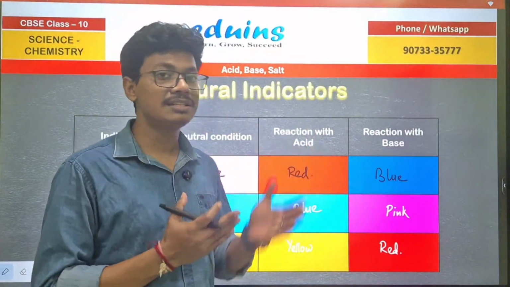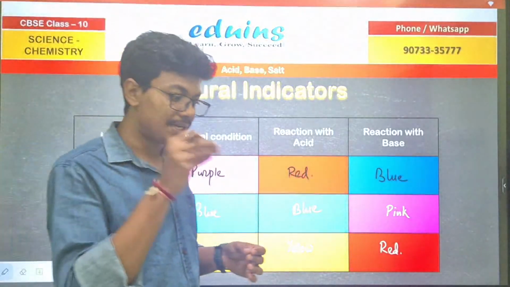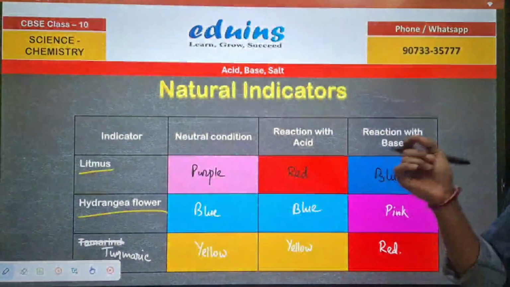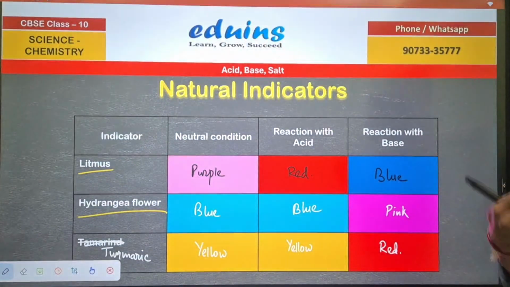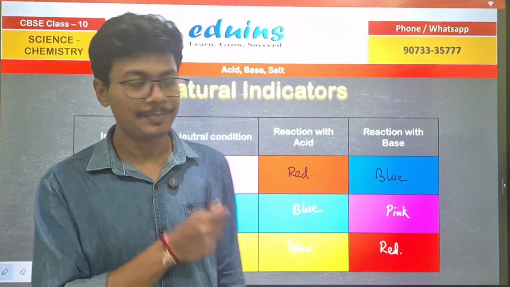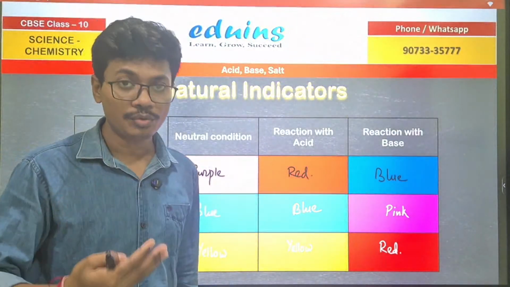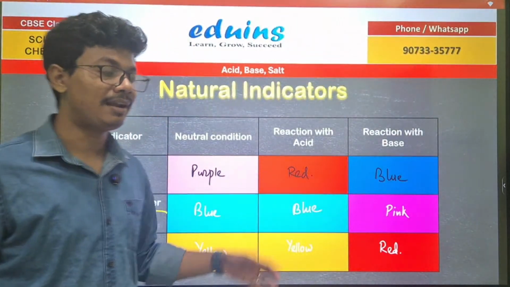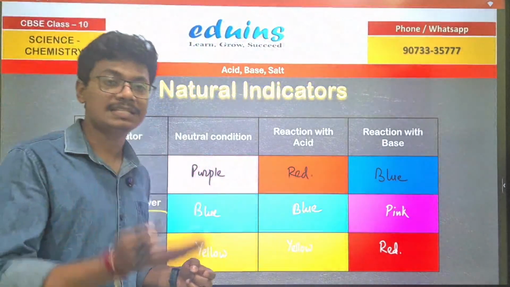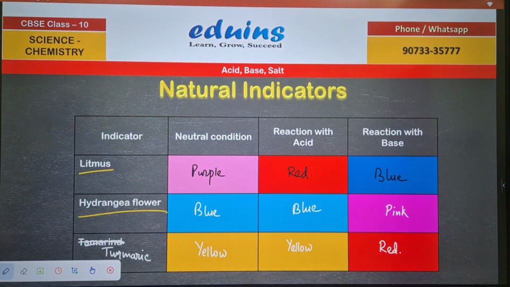This is the indication of the presence of bases in the detergent. When the food stain on your cloth contains turmeric, and you put it into the detergent water, it turns red. Why is this happening? Because turmeric changes its color in basic medium, from yellow to red. Clear?